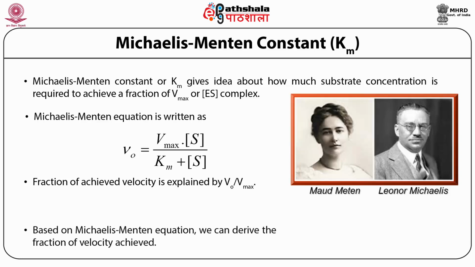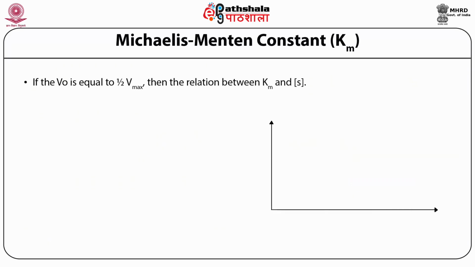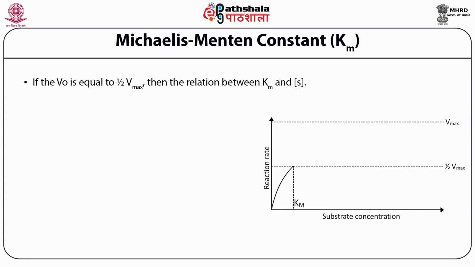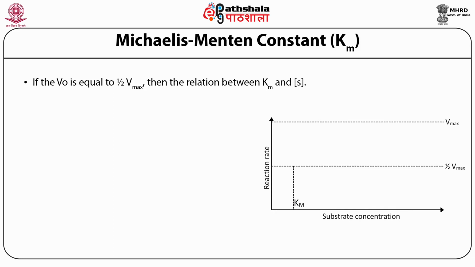Based on the Michaelis-Menten equation, the fraction of velocity achieved can be calculated as V0 upon Vmax equals substrate concentration divided by Km plus S. If V0 equals half Vmax, that means the initial velocity has reached half of Vmax, then the relation between Km and substrate concentration can be calculated.